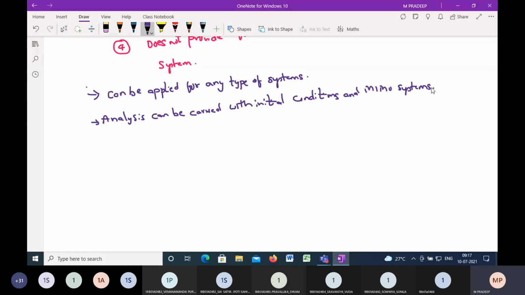So the state-based analysis can be carried out with initial conditions, and for multi-input and multi-output systems. The most important advantage of this method is that it is not necessary for the state variables to represent the physical quantities of your system. So that is the most important one.